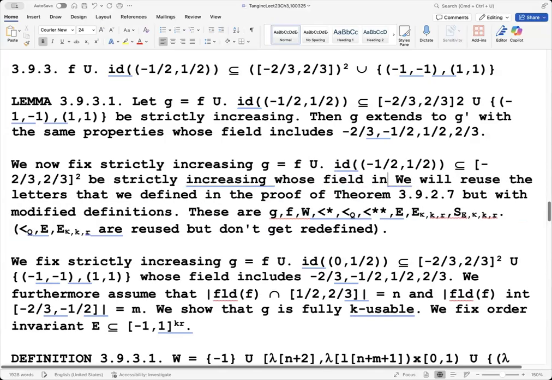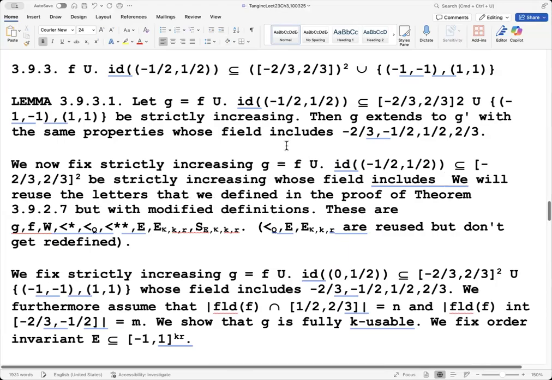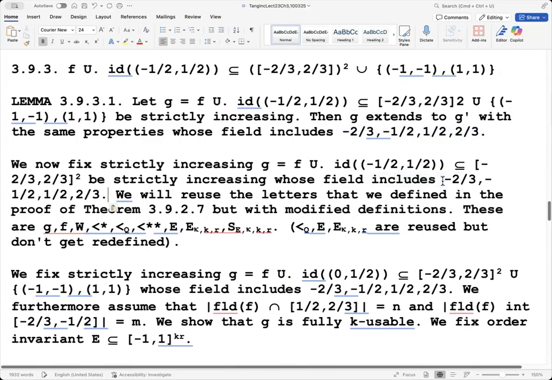Field. I don't want to make up new letters, so I just recycle the old letters and warn you in advance that I'm recycling the old letters and changing their meaning to adapt it to this particular section.